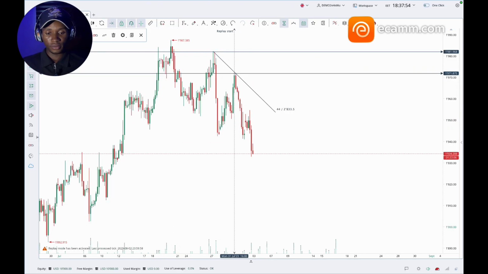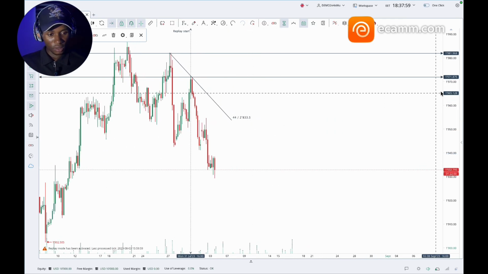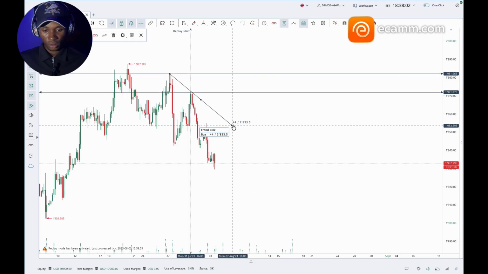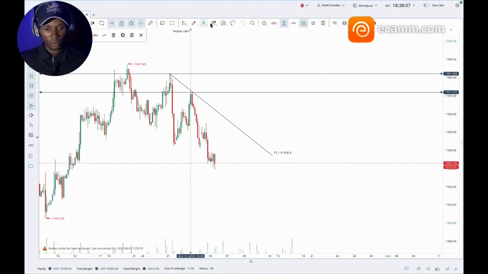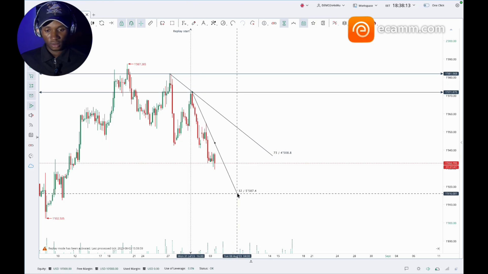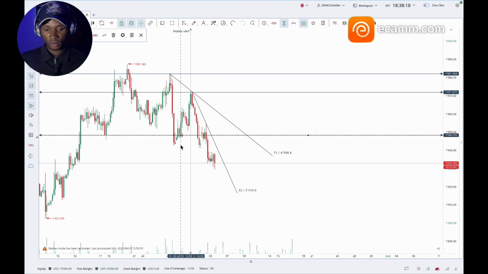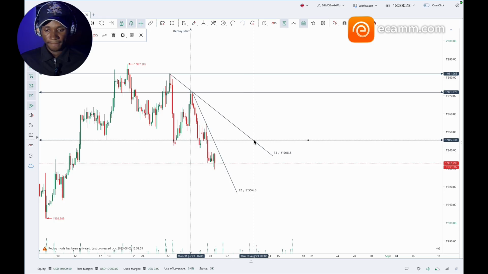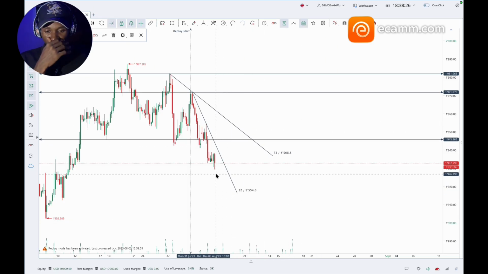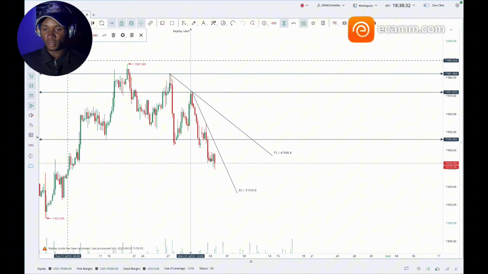So when the market gets back to this point, once it touches our trend line, we're able to short the market.